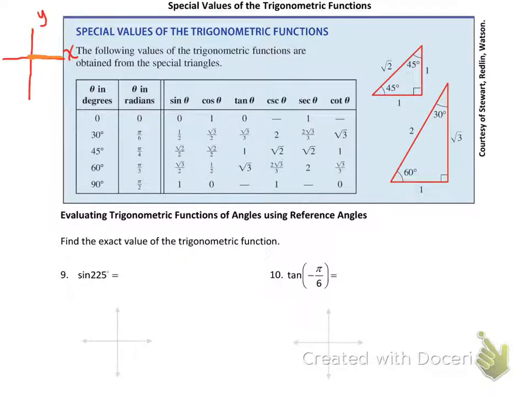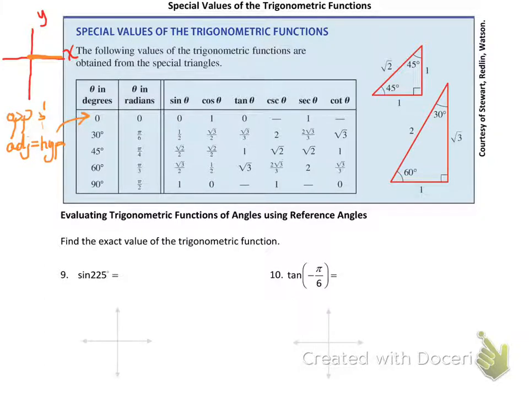Well, this has no height, so therefore our opposite is 0, because there's no height, and adjacent equals the hypotenuse. So this is how we get 0 degrees right here.